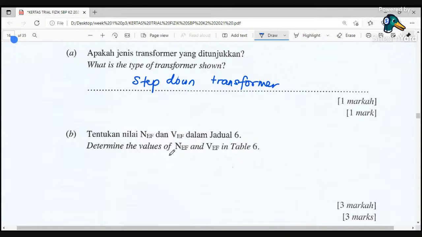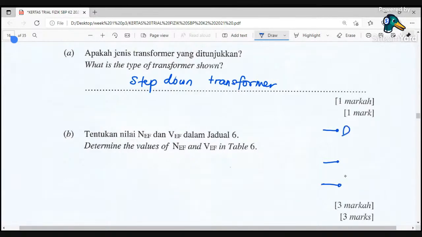B, determine the values of NEF and VEF in table 6. So you have point for you all to tap. There are 3 taps here. For DE here is 200 turns. For EF, let's say I put as Y, because I don't know the number.